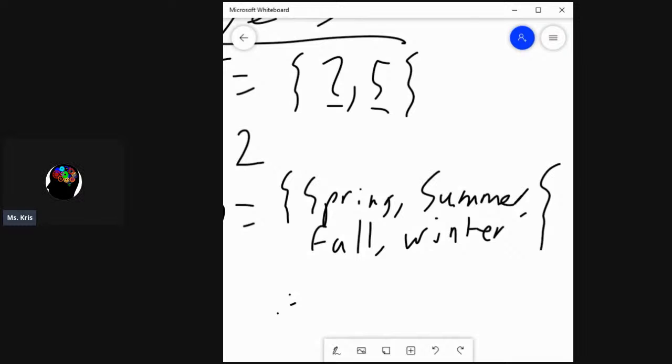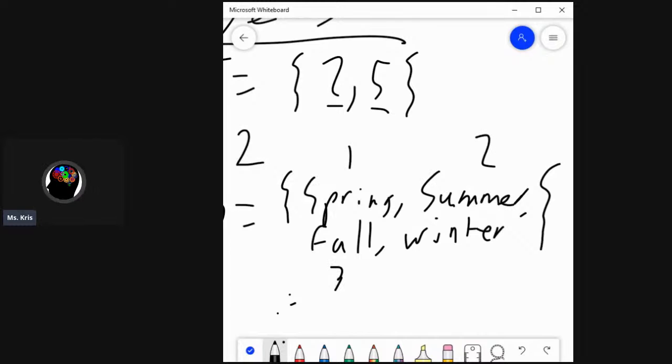So in this set, we have 1, 2, 3, 4 elements. Therefore, the cardinality, or the number of elements in this set, is 4. So in geometry, you will see something that says the cardinality of a set. All it means is how many elements, how many objects, how many things are in this set.